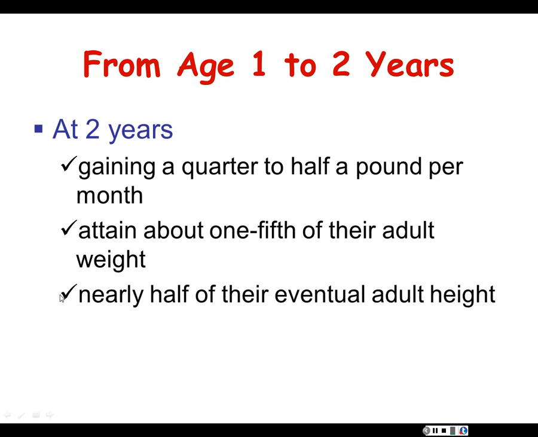And we have this rapid growth. By 2 years, this is approximate, they're at half their eventual adult height. It's sort of a fun formula: if they are 3 feet tall on their second birthday, then you can go, okay, this child is going to grow to be 6 feet tall.